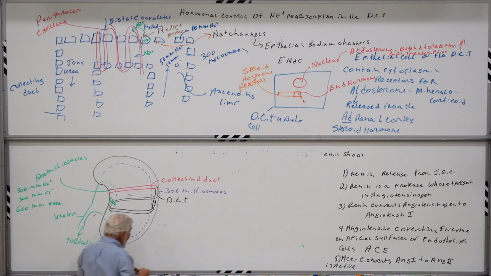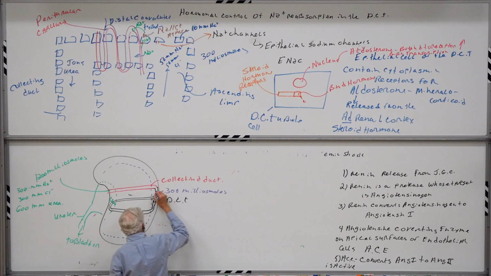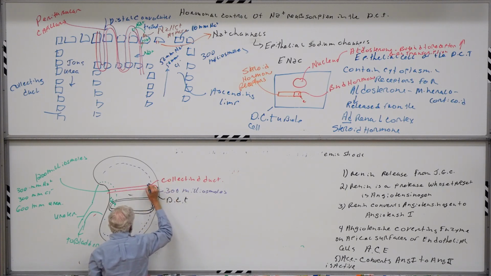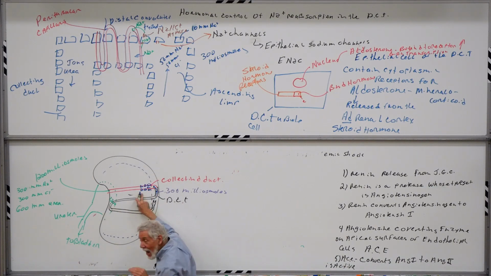But one of the things to recognize is that as the filtrate spills over from the distal convoluted tubule and enters the collecting duct, it now flows through the collecting duct and the epithelial cells along the collecting duct are facing an ever higher interstitial concentration of ions and small molecules. So all along this collecting duct, these epithelial cells are facing an ever higher concentration till down here deep in the medulla, concentrations approach 1200 milliosmoles.